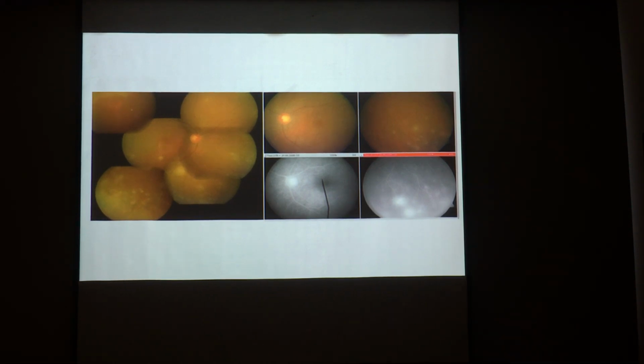So if there is one emergency in posterior uveitis, this is the emergency.